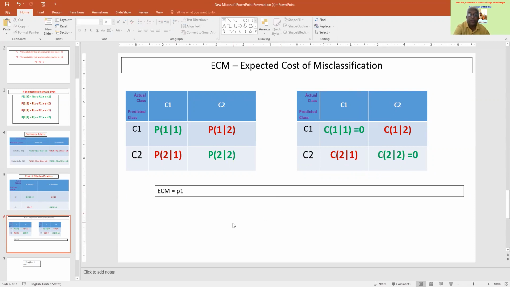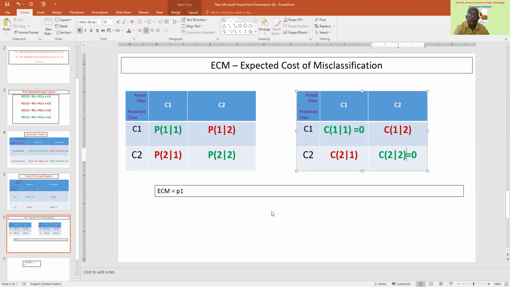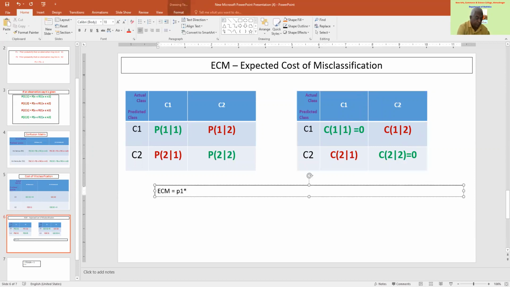And so effectively, the expected cost of misclassification will depend upon the probabilities of misclassification and the cost of misclassification. So it will be like this: P1 star P of 1 given 2 star C of 1 given 2. This is the first term, plus the second term.